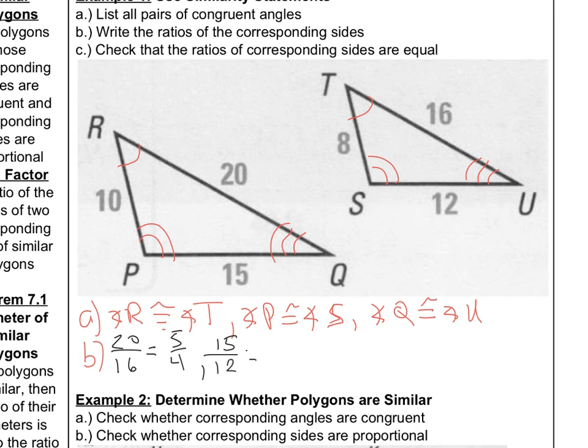And again, that's going to be 5 over 4. And then we're going to check the last side, 10 over 8. And you reduce that fraction, and you're going to get 5 over 4. If all three come out to be the same, like this, then we know that those are similar polygons.